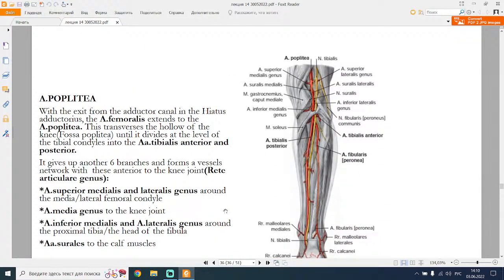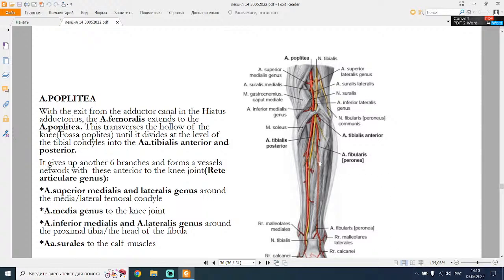Next artery, arteria poplitea. Arteria poplitea begins with the exit from the adductor canal in the hiatus adductorius. The arteria femoralis extends to the arteria poplitea.